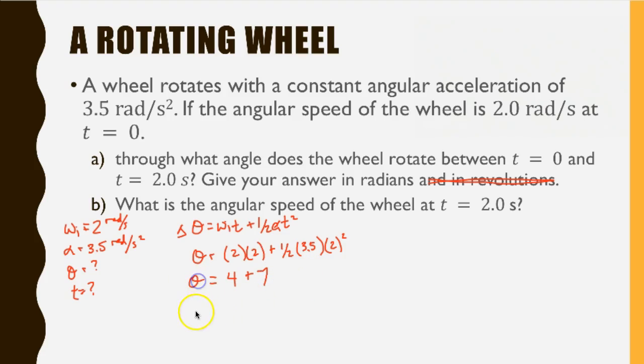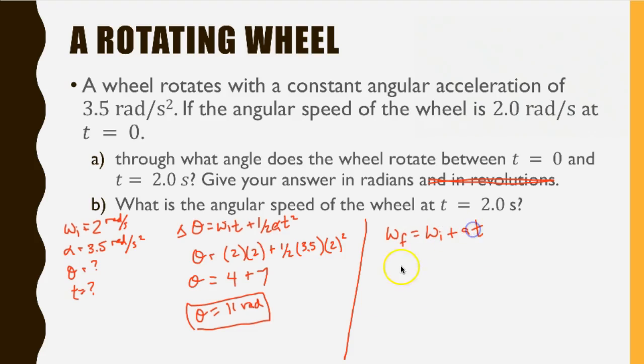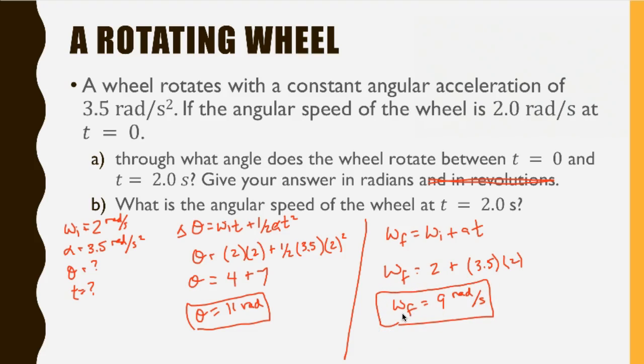So theta equals 11 radians is how far it rotates in those first 2 seconds. If I wanted to find the angular speed after those 2 seconds, that is simply that. I know it starts off going at 2, has an acceleration of 3.5, and so my final angular velocity is going to be 9 radians per second. There we go.